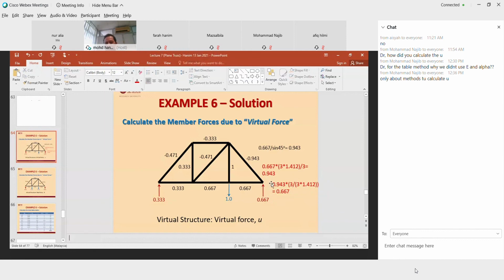Actually, what happened is this force is equal to the rectangular component of this force. So you can use the same method here. 0.471 equal to 0.333 multiplied by 3 divided by 3, equal to 0.471.